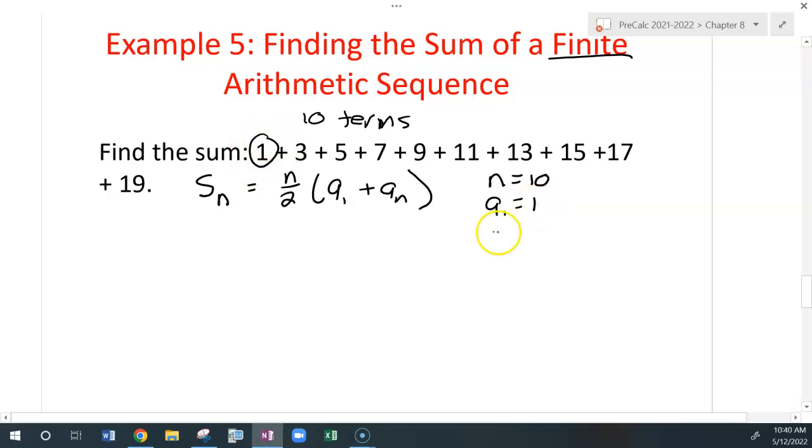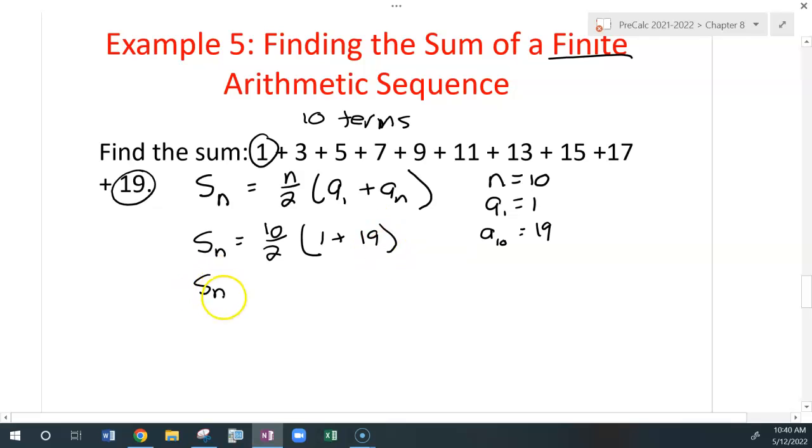You take your last term, a sub 10 is 19. And then all you have to do is plug into the formula. So S sub n is going to be 10 over 2 times 1 plus 19. So S sub n is going to be 5 times 20, or 100.